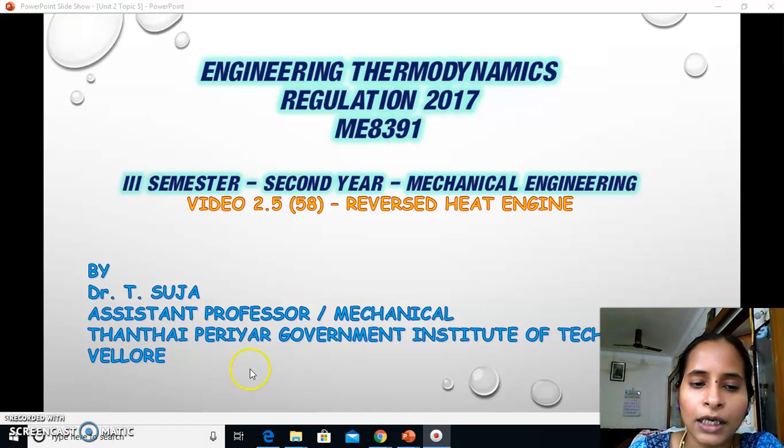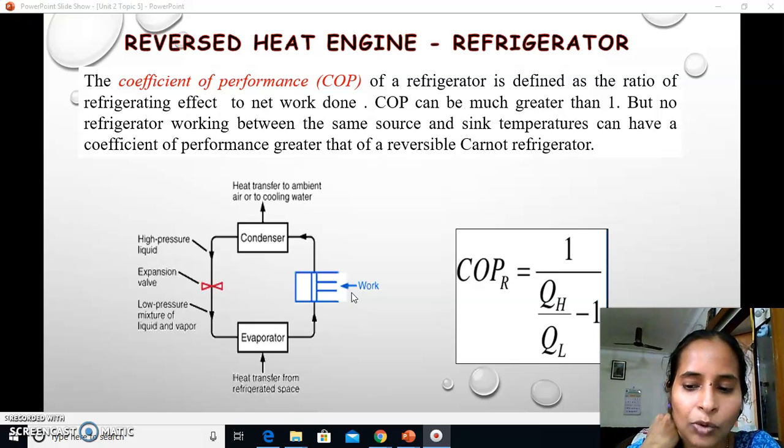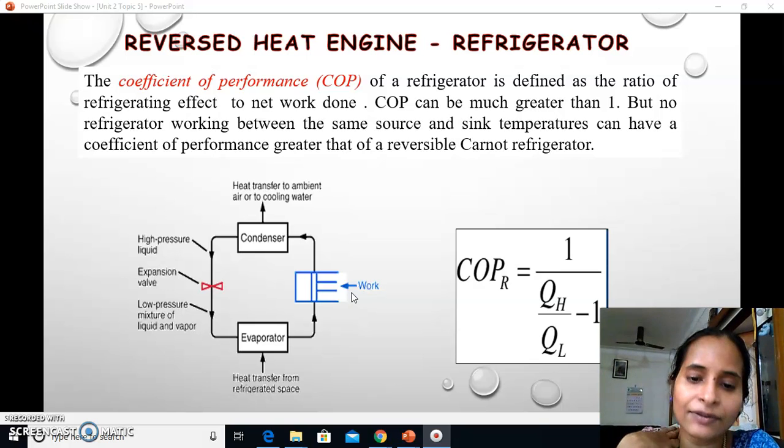So now we will discuss the reversed heat engine in this video. For a heat engine, you know how it works and what its output is. Its performance is measured in terms of efficiency, which is work output divided by heat input.